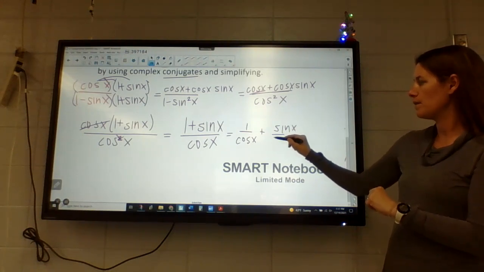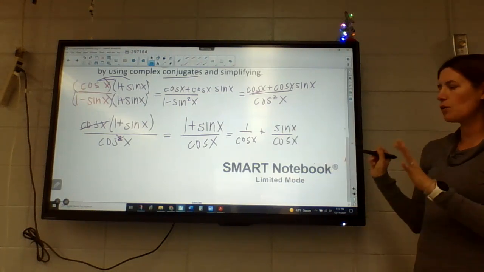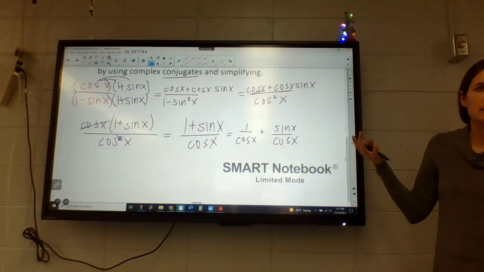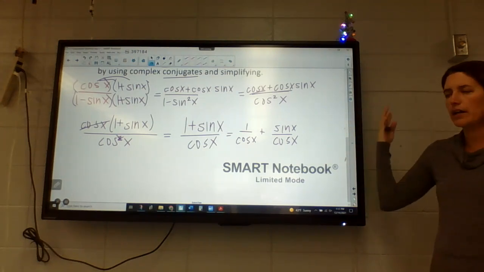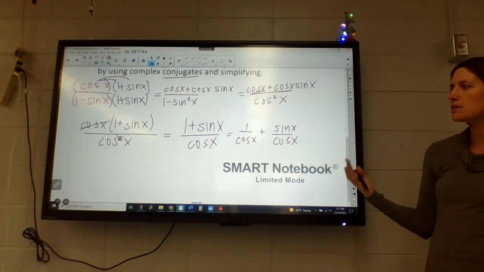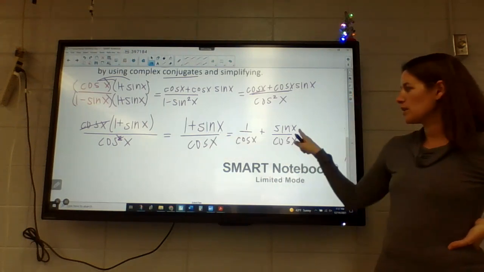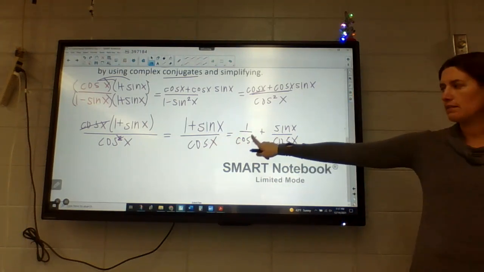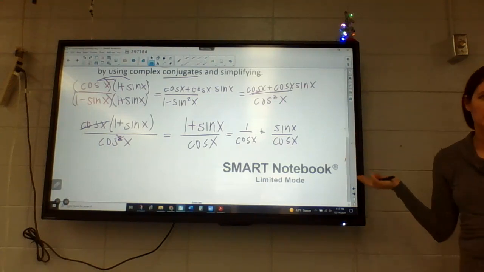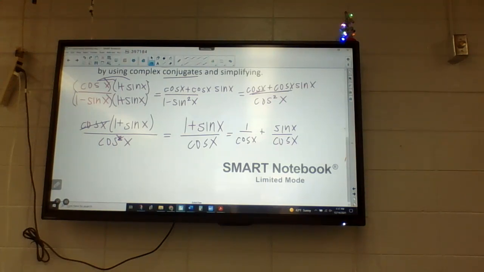This step is a weird one because I just wouldn't think to do this unless I was trying to; you probably wouldn't do this with normal numbers. Do you guys agree that this is the same as that? It's just the same common denominator.